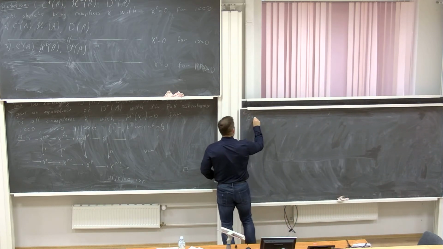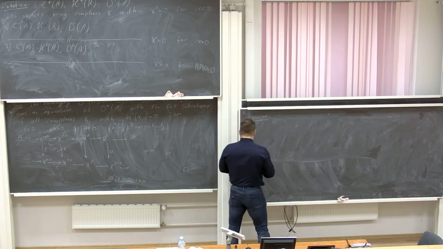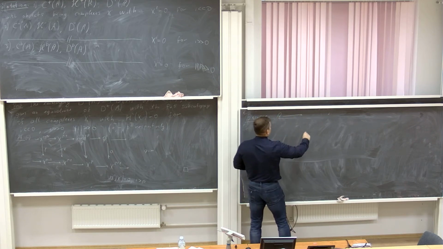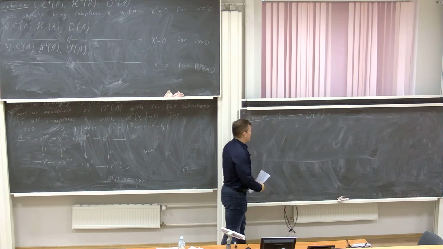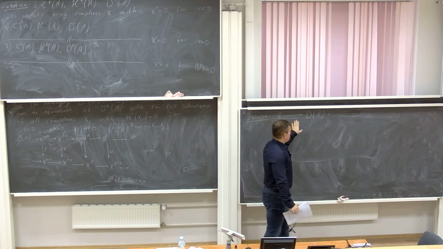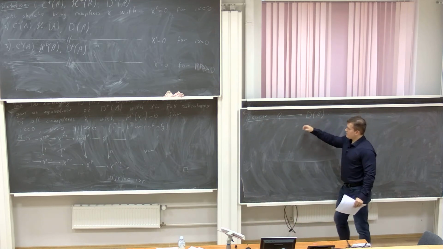Exercise. There is another version of this situation. You can consider the embedding of the abelian category A into the derived category. You can take any object and consider it as a complex that has only one non-trivial component in degree 0, given by the object.